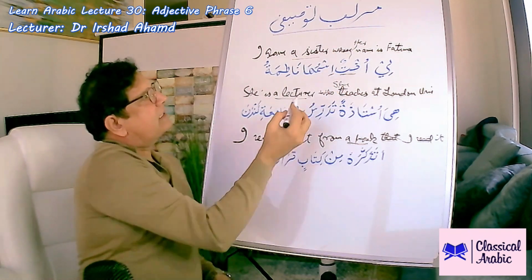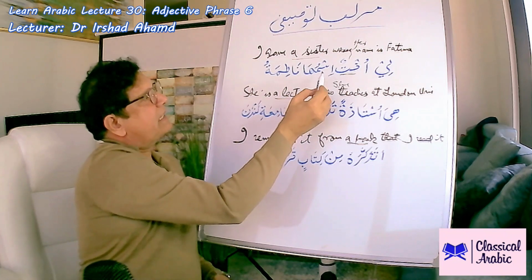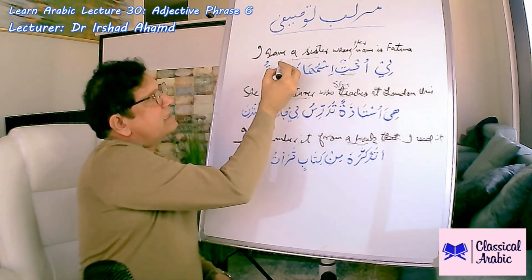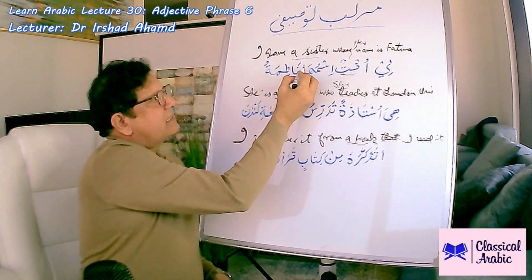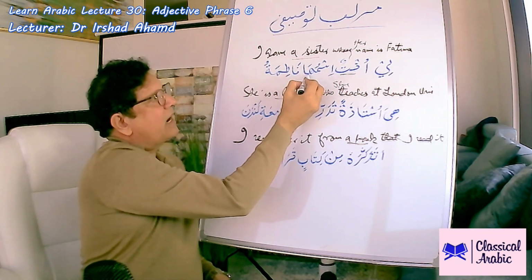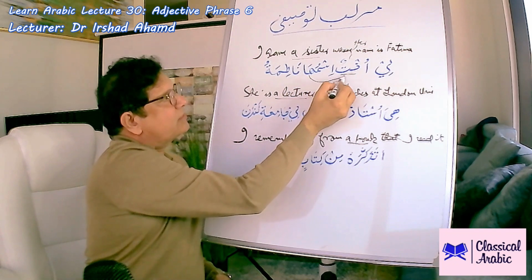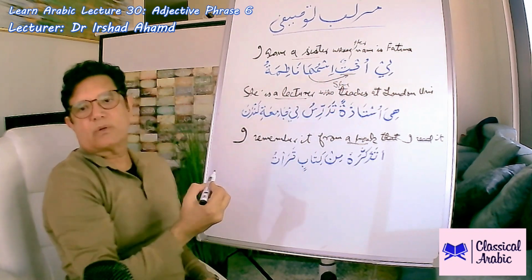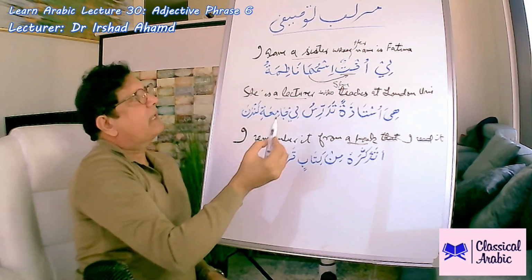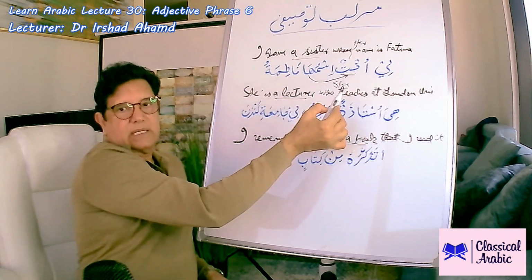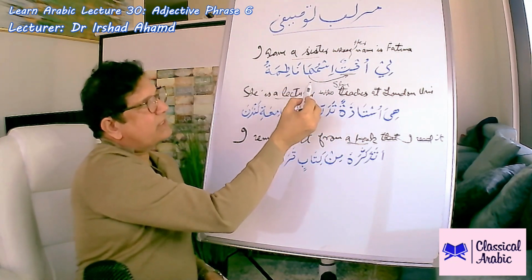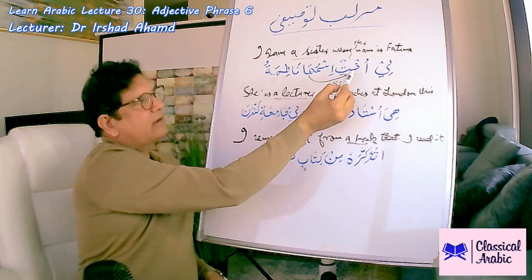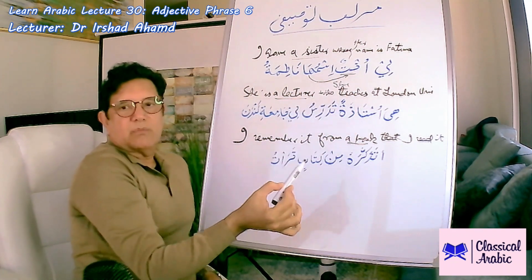What's happening here is that because this is describing this indefinite noun, this ha in ismuha, her name, goes back to ukht, this pronoun, this zamir, works as a connector. Because it works as a connector, it has to tally with ukht, this precedent, in both gender and number.